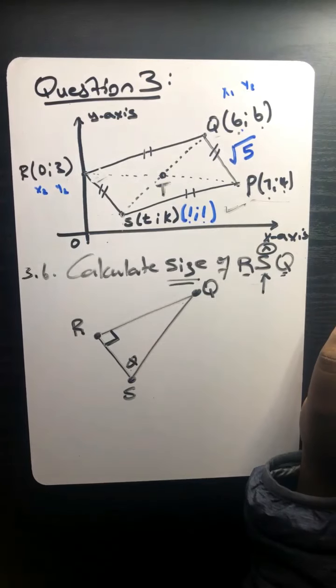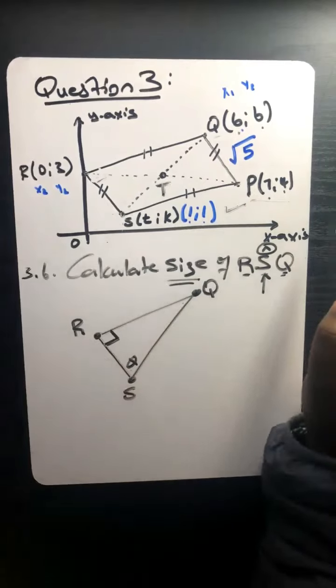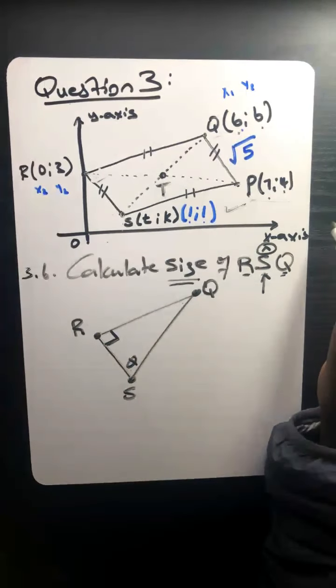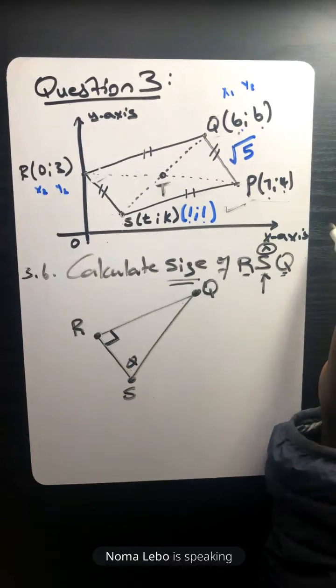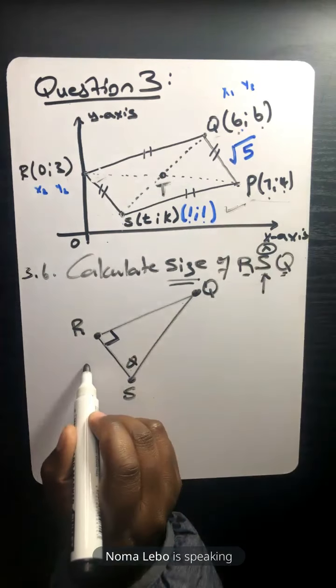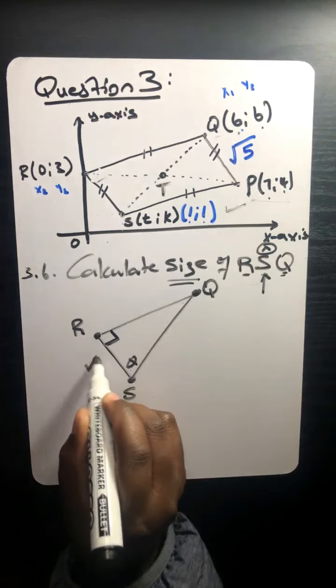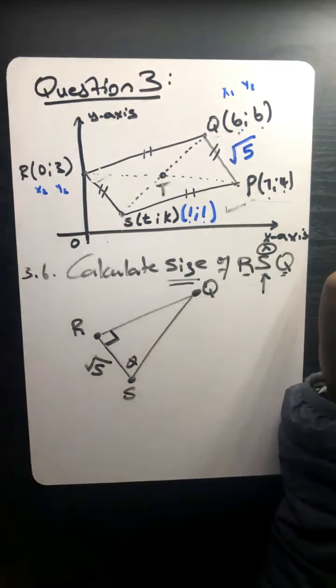So let's see, what other information do we know about that triangle? We have the length of RS, which is equal to square root of 5. What else do we have?